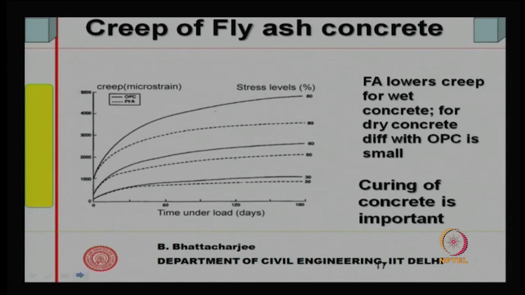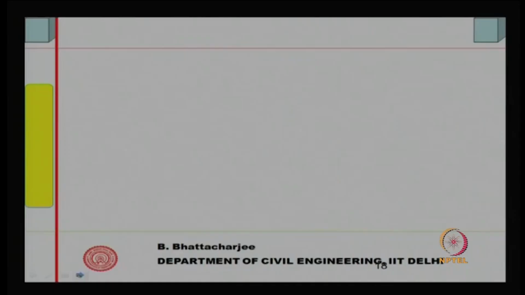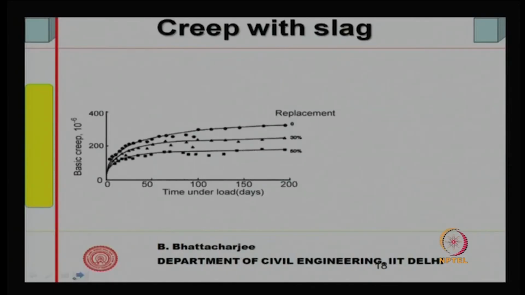Curing of concrete is definitely important, and you have to cure more in case of fly ash, because you want to ensure that the pozzolanic reaction really initiates and lime consumption always takes place. So, curing is very important, and curing is also related to creep and shrinkage.